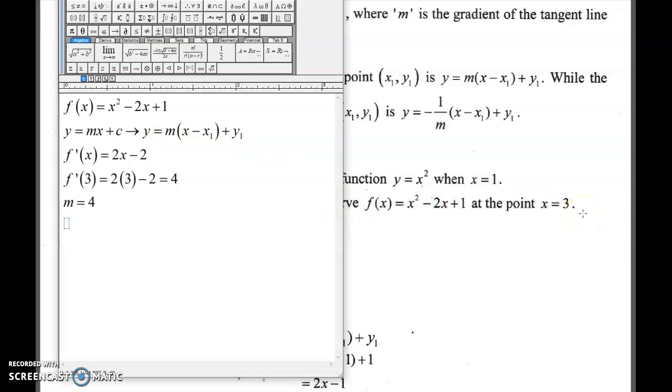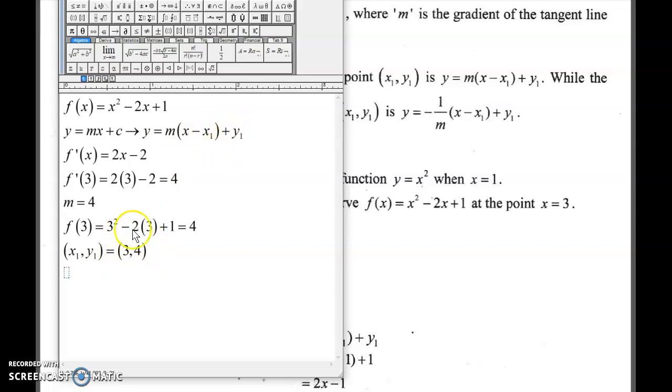So we need to figure out the value of y when x is 3 on that graph. Let's figure that out by substituting our x into the function. When x is 3, f(x) or y will be equal to 4. So (x1, y1) is (3, 4).